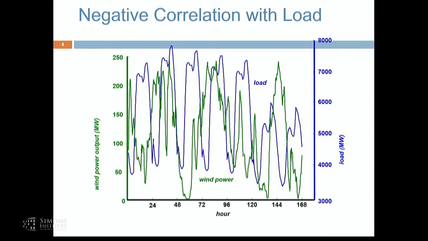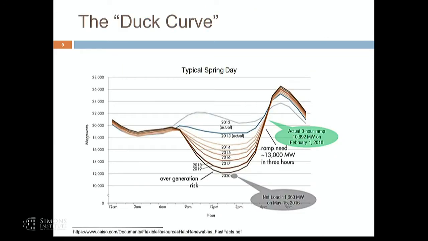On the solar side, we have what you have seen previously. This is known as the duck curve. That basically shows that by 2020, during the normal hours, a lot of the supply is going to be produced by the sun, and that creates sharp ramps down and up, and also creates an overgeneration problem during the middle of the day.